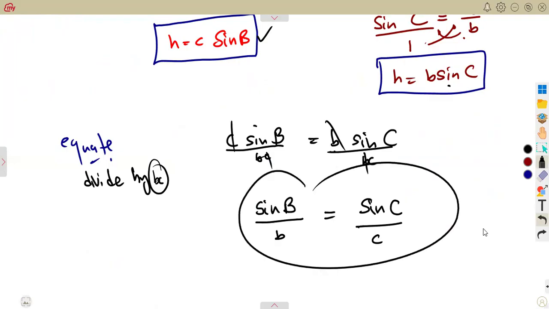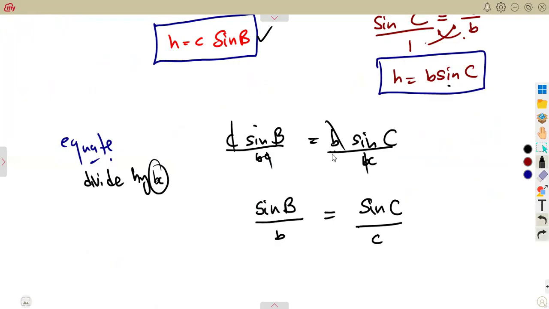Remember, that's what we want. So that is what you're going to have in this simplification.